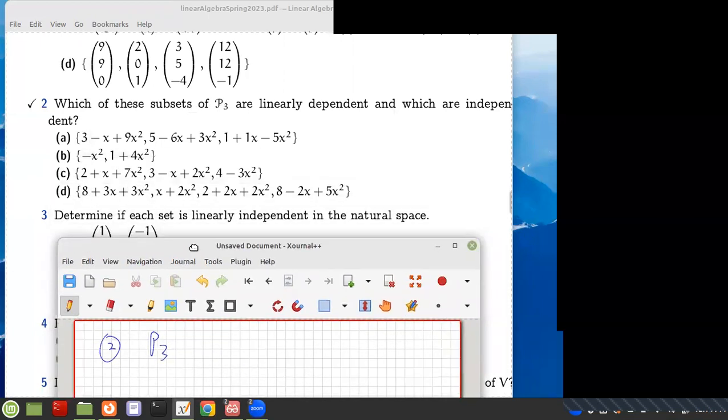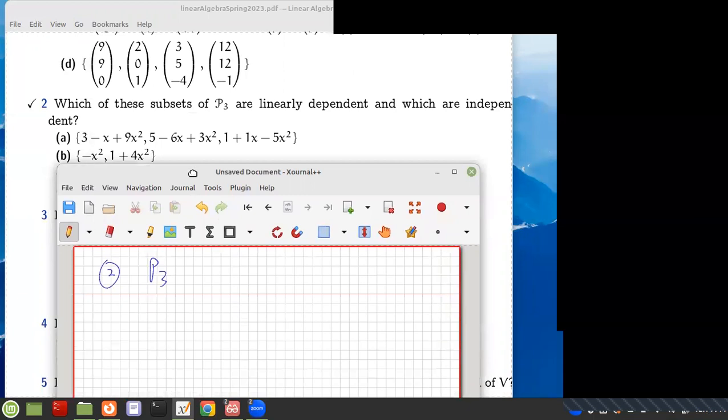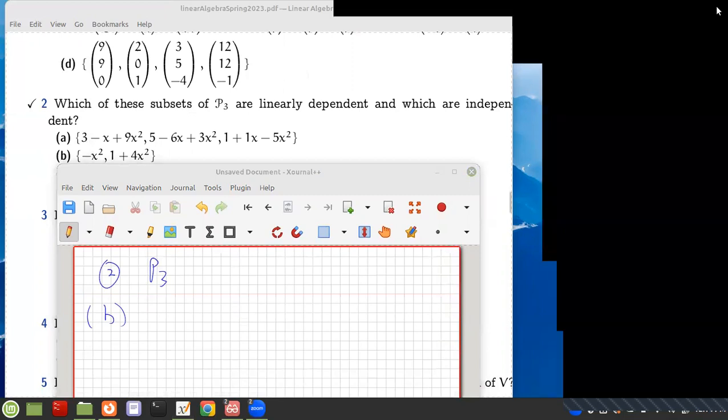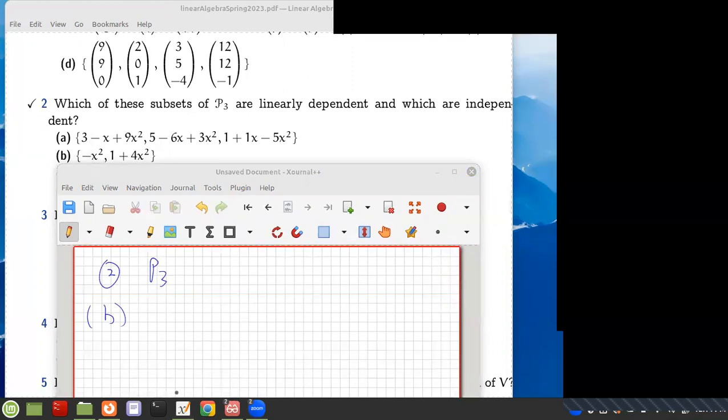So what I will do is part B. We have S equals minus x squared, 1 plus 4x squared.